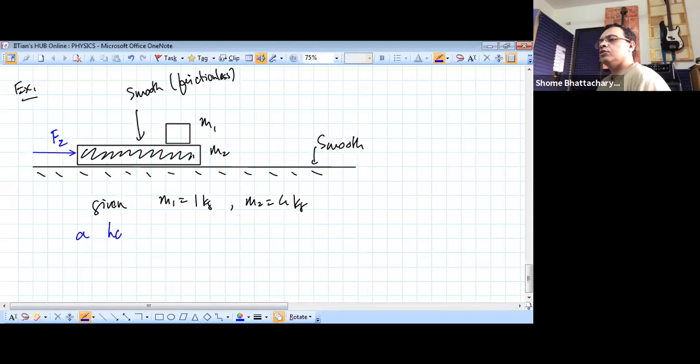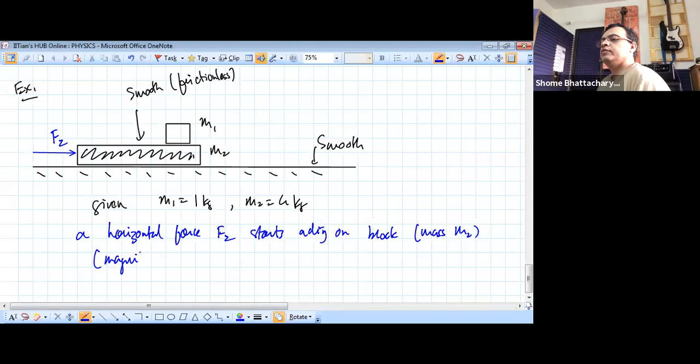So a horizontal force F2 starts acting on the block of mass m2. The magnitude of F2 is equal to, let us say, 2 newtons.